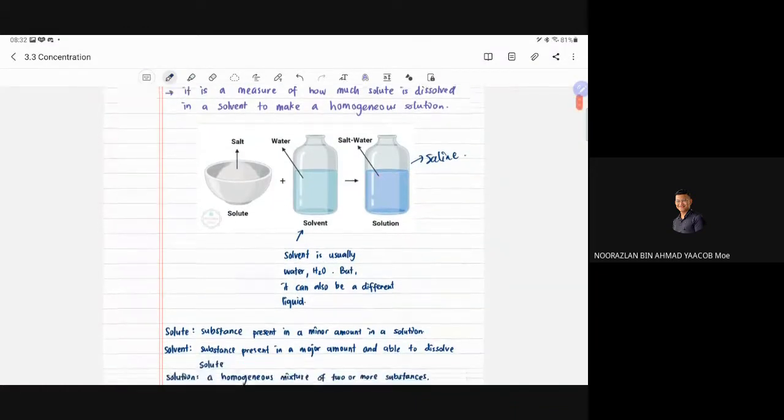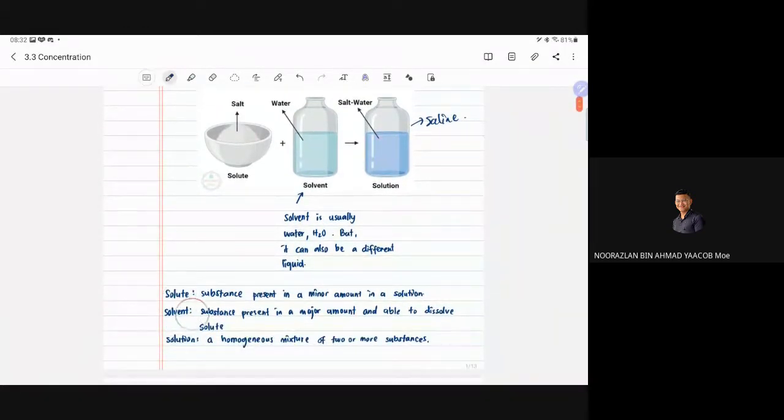Okay. And these are some of the definition of what solute, solvent, and solutions are. Solute, it is a substance present in minor amount. So solute ni selalunya bahan dia sikit. Okay, berbanding dengan solvent. So it is very small in terms of amount compared to solvent. Use a lot of solvent to dissolve solute. Solvent is a substance present in a major amount and able to dissolve solute.